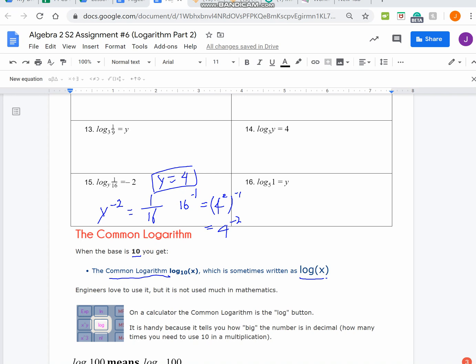On the calculator, the common logarithm is log. You can just click on log, and it will automatically calculate log base 10 of whatever that number is. Okay. So I'm going to come back to do the second module. All right. Okay, hope you enjoy and finish module 1.